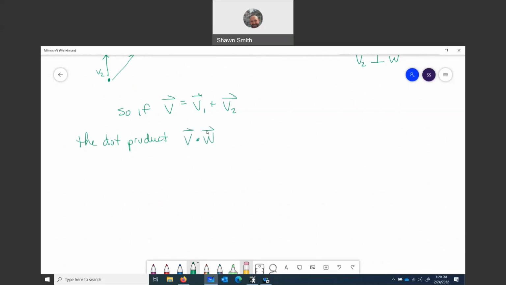V dotted with W is equal to, just replace what V is, V1 plus V2, right? Just making this substitution, dotted with W. W can be distributed across.